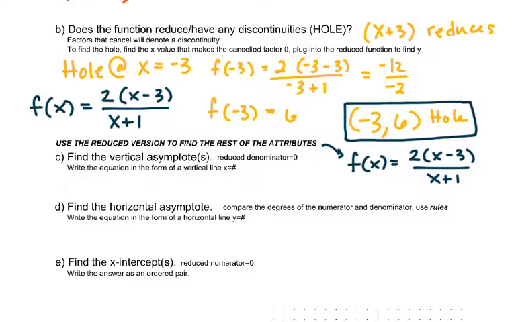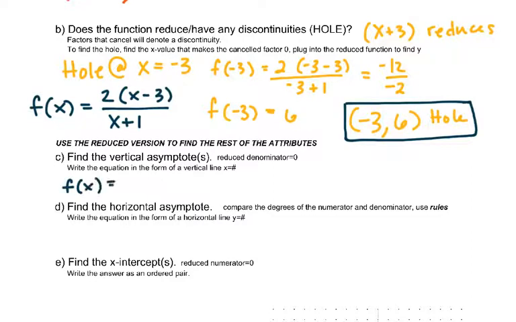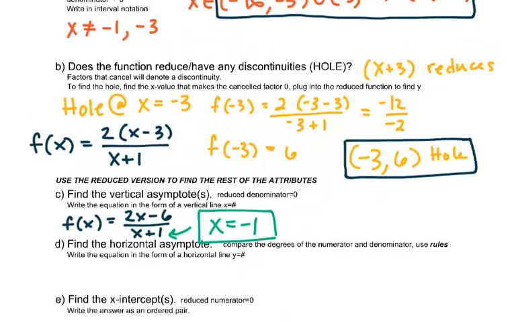So the vertical asymptote, that's going to come from the factor that is remaining in the denominator. So again, rewriting that, we've got f of x equals 2x minus 6 over x plus 1. And since x plus 1 remains, we end up with x equals -1, and that's my vertical asymptote.